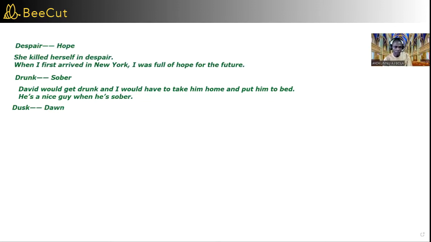So let's use sentences there. The street lights go on at dusk. Then the boats set off at dawn. So dusk simply means night, while dawn means early in the morning.